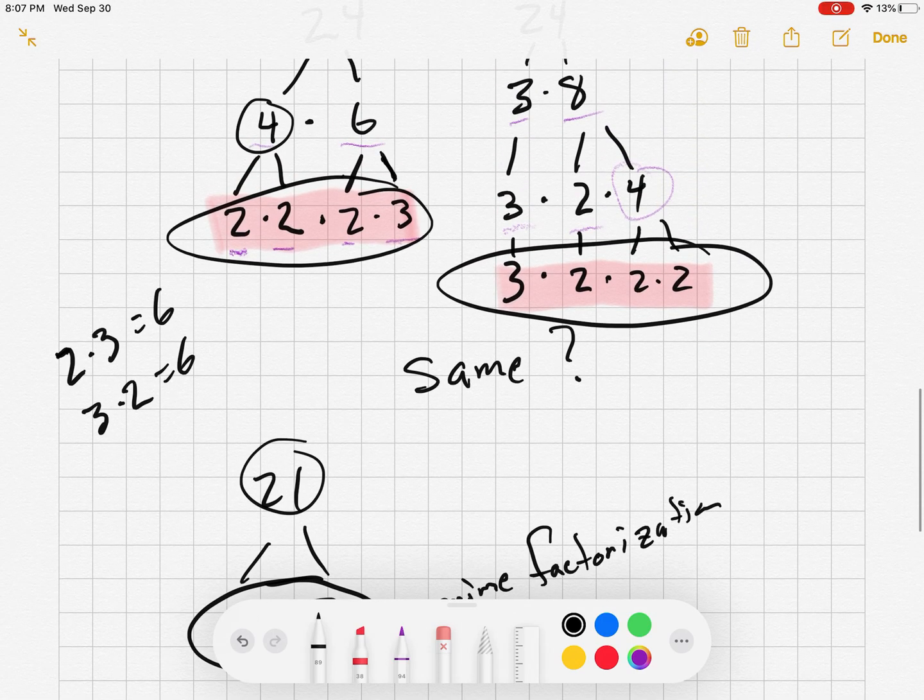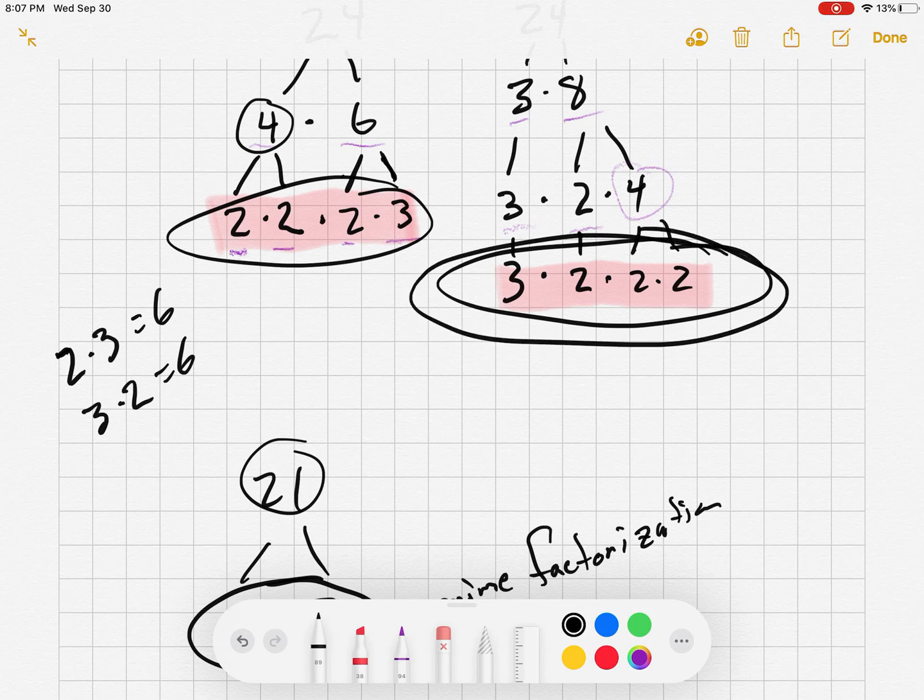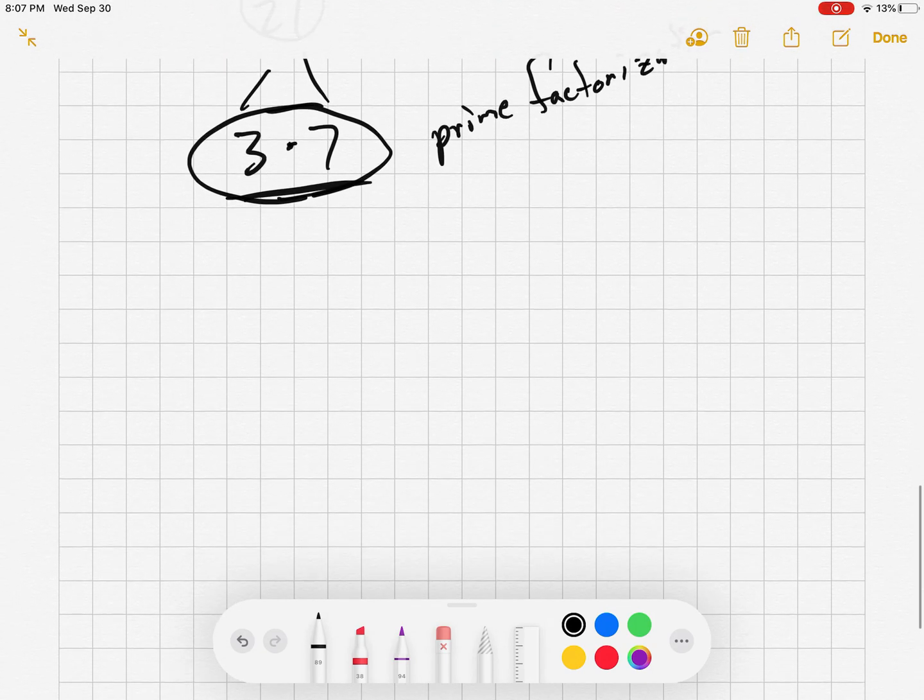All right, so one last component to put this together. We're mathematicians, right? We want to write this a little quicker. So I'm going to take this and move it down here, okay? I'll actually do the first one. 2 times 2 times 2 times 3. So many years ago, mathematicians only had addition, right?